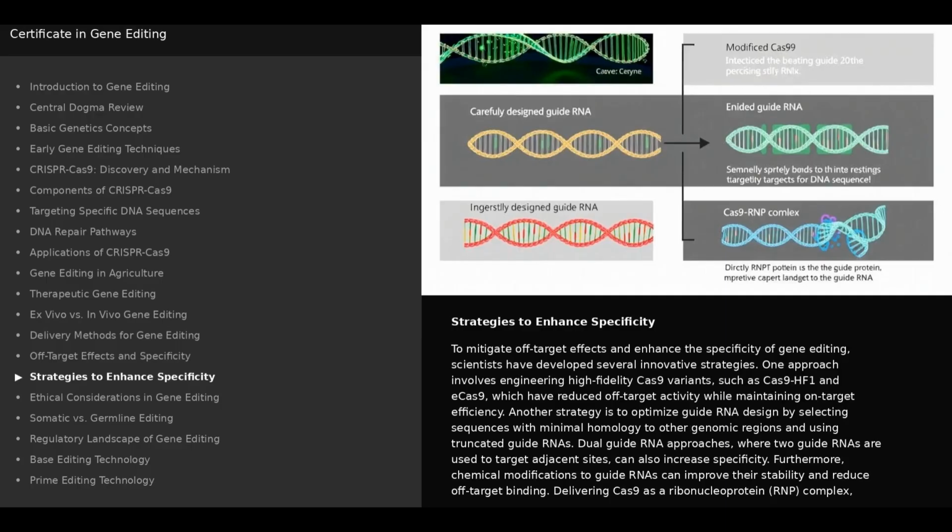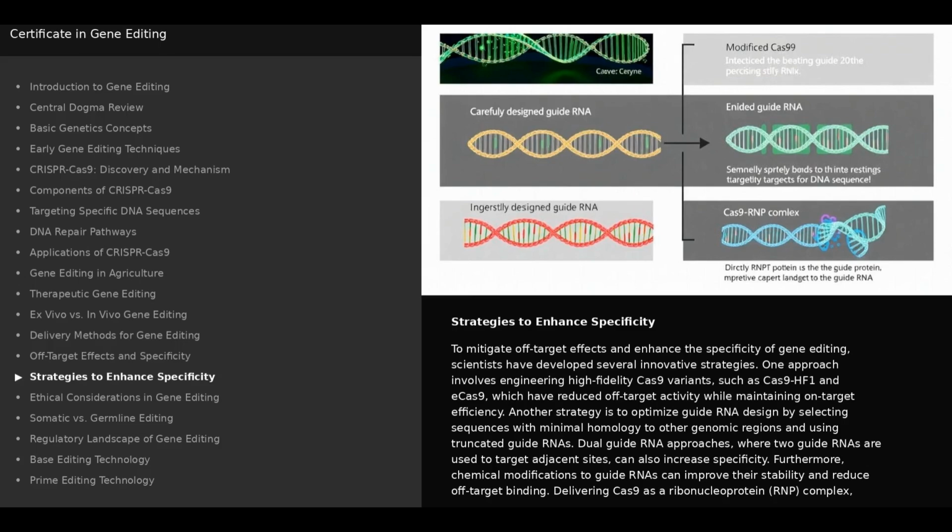Strategies to enhance specificity. To mitigate off-target effects and enhance the specificity of gene editing, scientists have developed several innovative strategies. One approach involves engineering high-fidelity Cas9 variants, such as Cas9 HF1 and eCas9, which have reduced off-target activity while maintaining on-target efficiency.